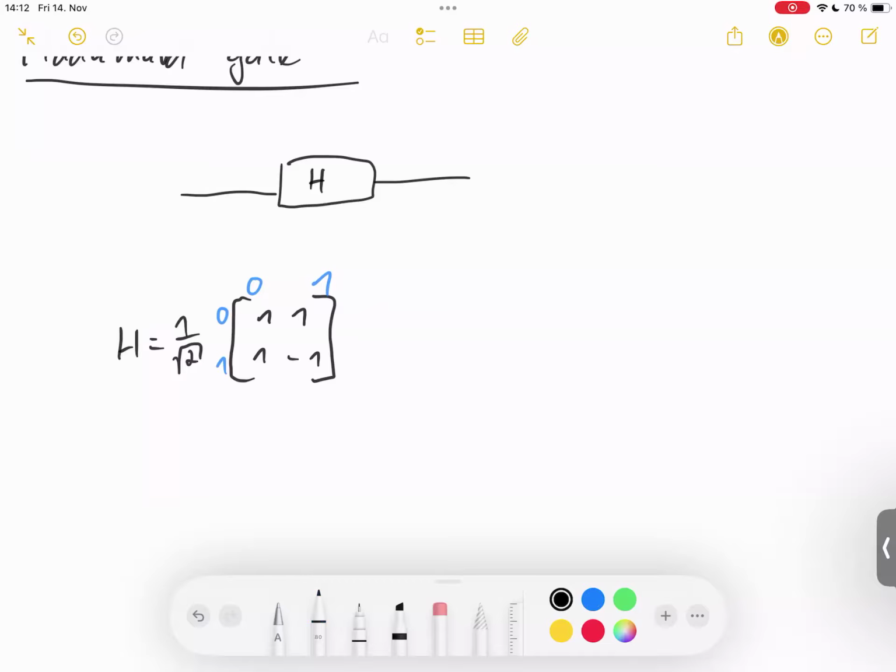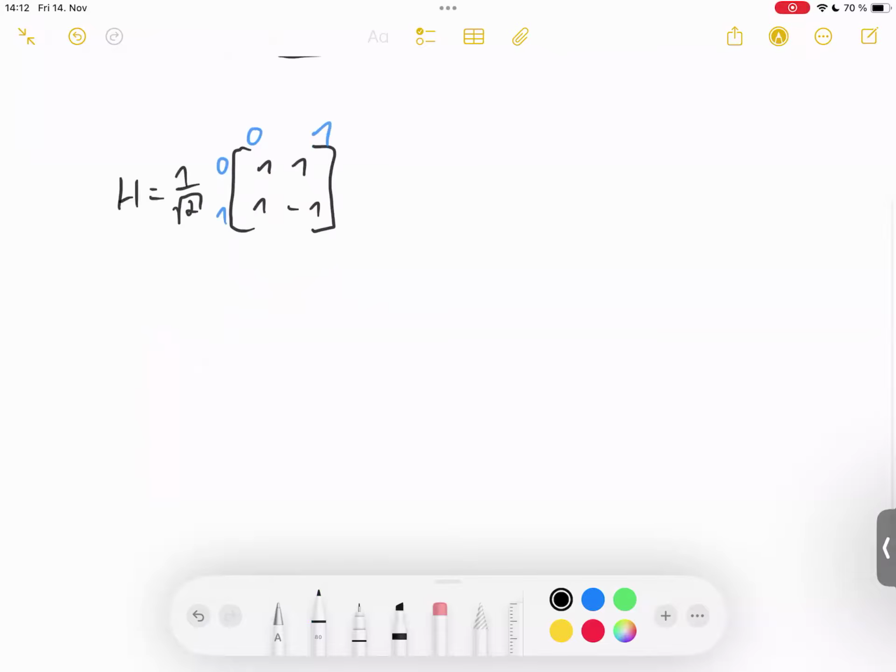Now, how does this create a superposition? Concretely, if I take the Hadamard gate and multiply it with the 0 ket, we can see what happens. We can just write this out in detail: 1 divided by the square root of 2, and I don't put the comments here anymore, so it's 1, 1, 1, minus 1.